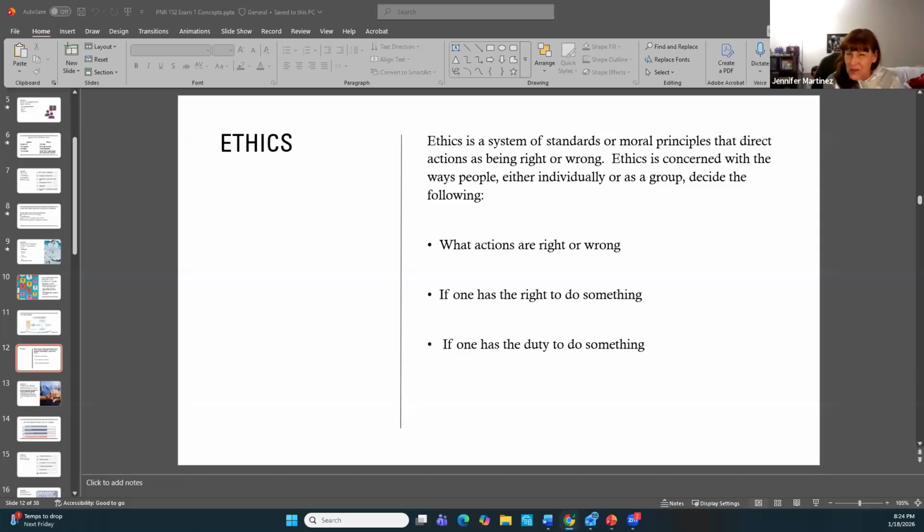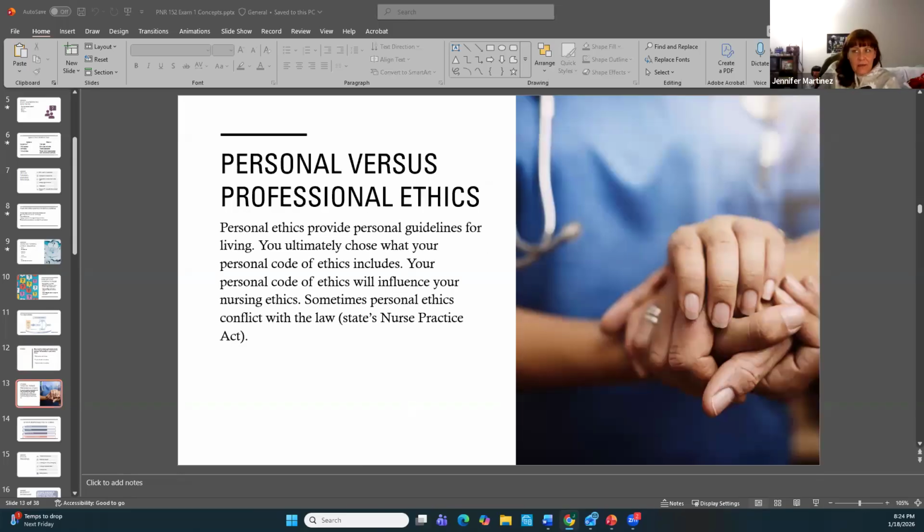Am I supposed to do something in this situation? It's concerned with the ways people, whether individually or as a group, decide what actions are right or wrong. Do I have the right to do something? Do I have the duty to do something? Should I do something?